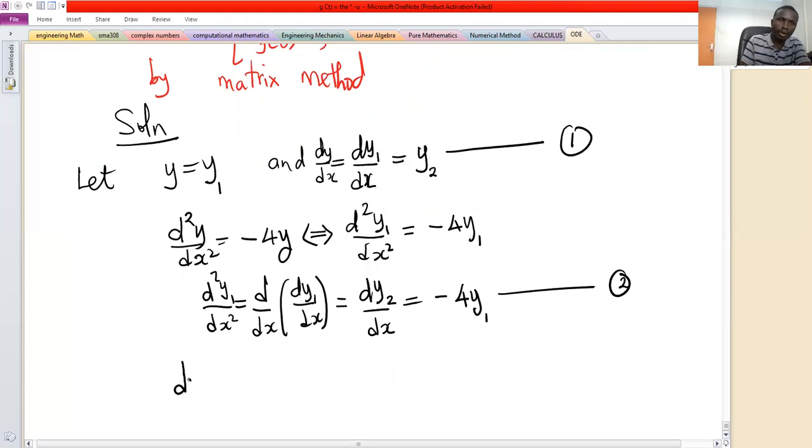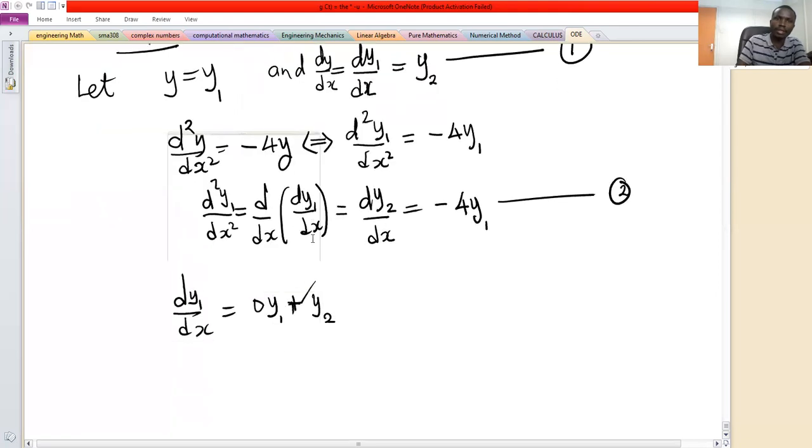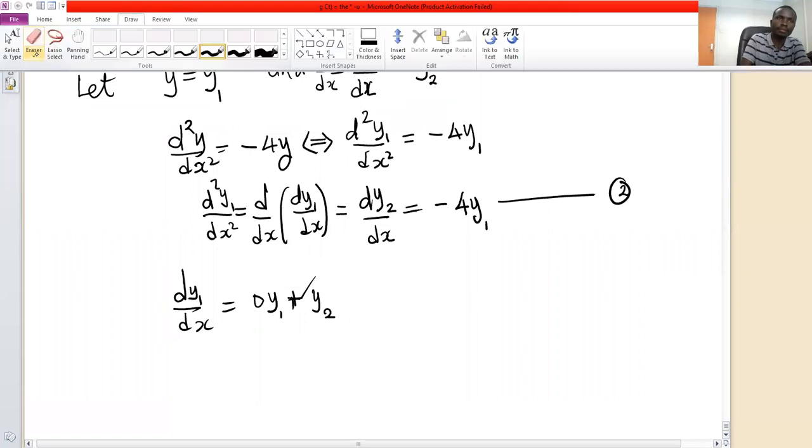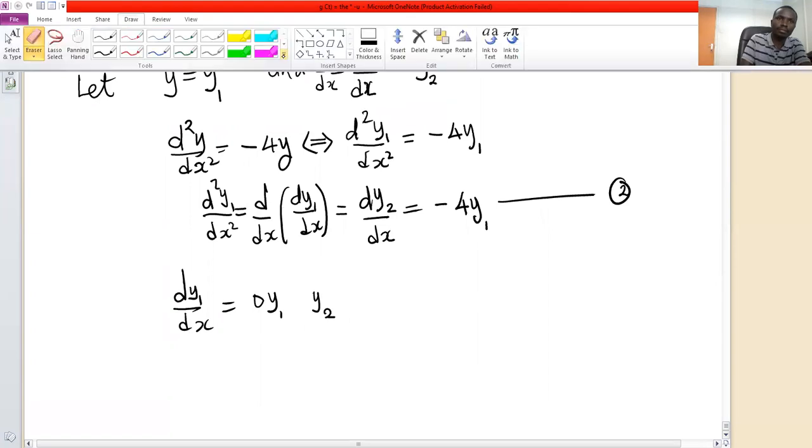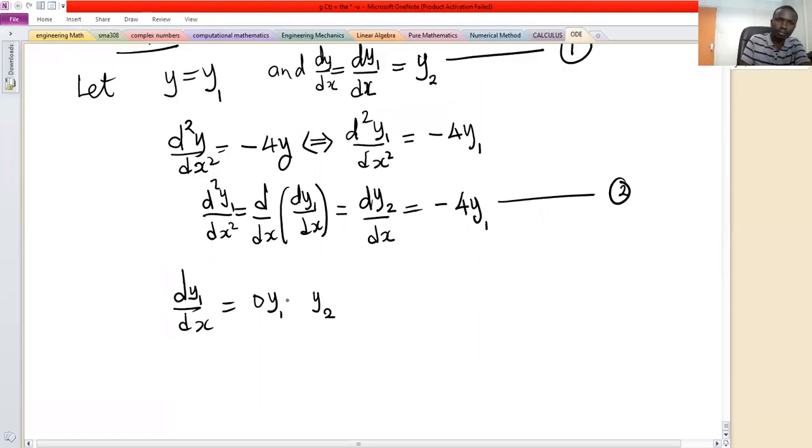So we have dy1 dx equals to, we can write 0 y1 plus y2, and then this other one we can write dy2 dx equals to negative 4y1, and then plus 0 y2.